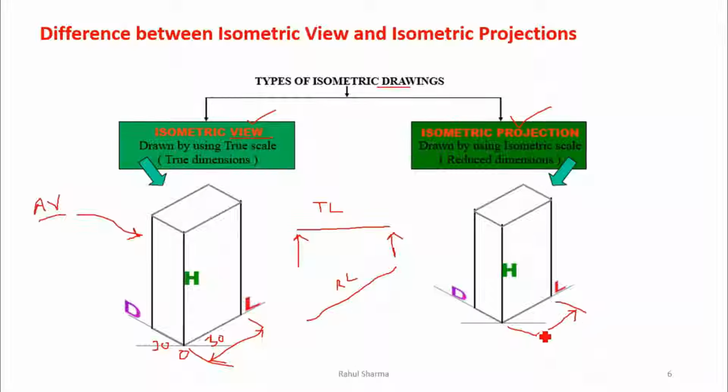But when we give dimensions, even then we write the actual dimensions. You can see the difference. In isometric view, the diagram has actual length and dimensioning is in actual length. But in isometric projection, we draw the diagram with the reduced dimension, but in dimensioning we write the actual dimension.